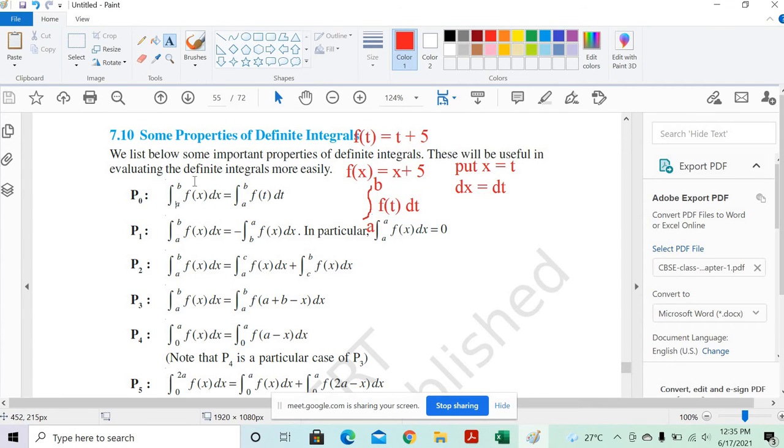So we got the same thing. I just changed the variable x is equal to t, so everything remains the same. The function f of x is changed to f of t and dx is changed to dt, so you can replace it anytime, isn't it? Clear? Is the first property clear to you? Any questions, any doubts? No, sir.